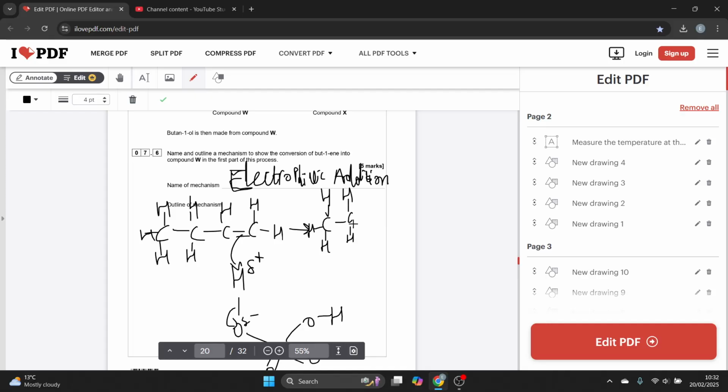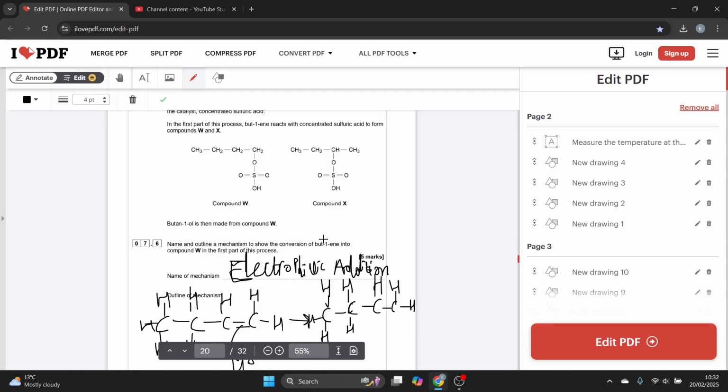Then you've got CH3, CH2, CH, CH, and I can see that compound W is only attached to one of these, the CH2, right? And it's a primary carbocation, whereas this one is secondary.